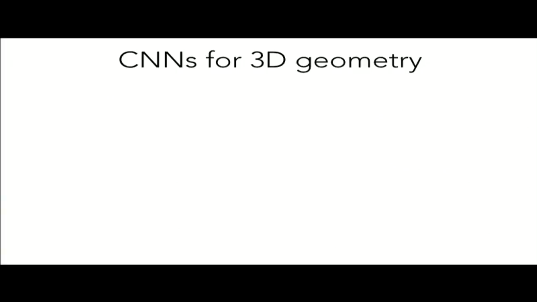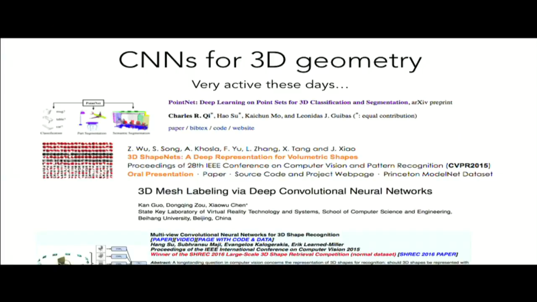So that's that method. Now, the obvious next question to ask is, well, given that it's now 2017, can you use neural networks instead? And you would not be the first person to ask that question. There's a lot of activity in this area. A lot of people are trying to figure that out. It's not obvious because it's not clear what's the best way to define a patch or a receptive field for convolution on a surface.